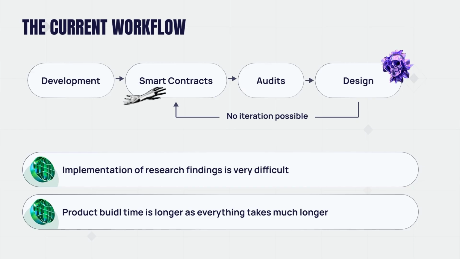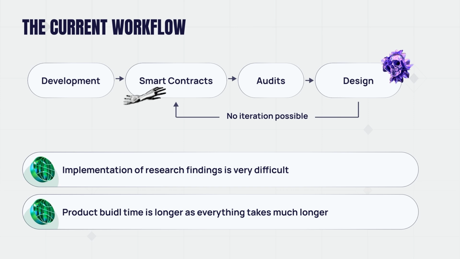And this is the thing I notice with a lot of projects even now, which is the current workflow. It's a very linear thing: the development happens, smart contracts are done, audits happen, then there's a focus on design, which poses a problem because changing the smart contract is a very costly and time-consuming thing. So iteration isn't really possible when you get the user feedback later on.